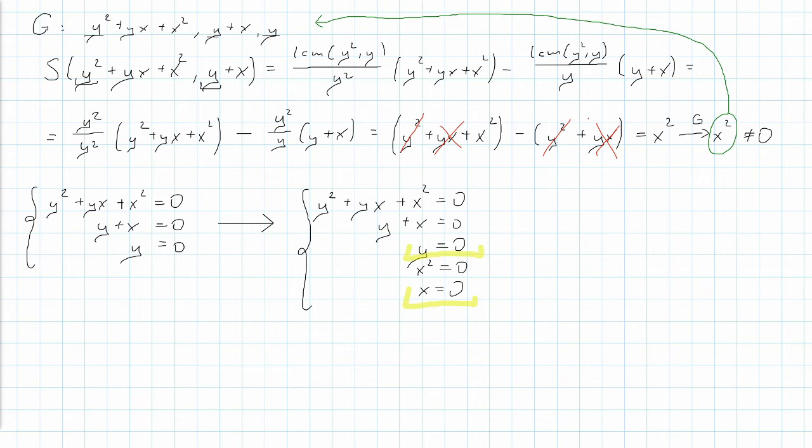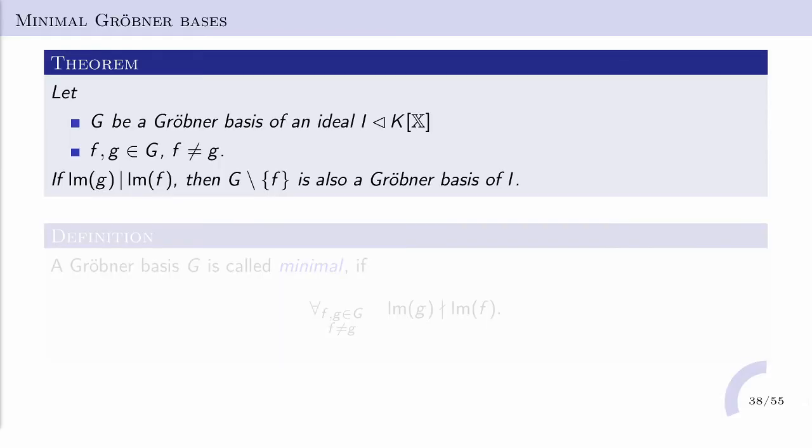The Grobner basis that we want to get finally is the reduced Grobner basis. But before I introduce the reduced Grobner basis, first I need to define the minimal Grobner basis. The means for that is the following theorem.